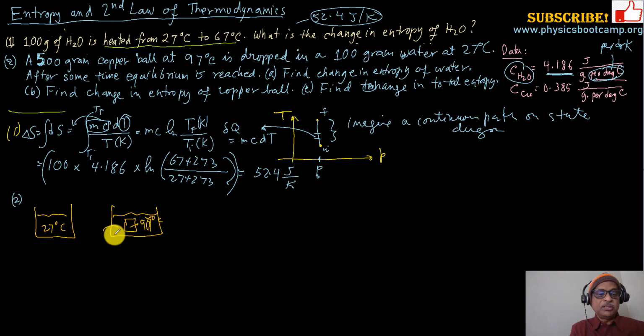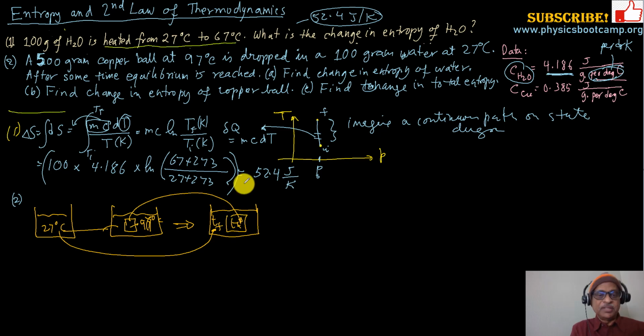Then the water initially is that, but then it will go to everything at the same temperature, final temperature. So the water is going to the final temperature, and this is going to the final temperature.